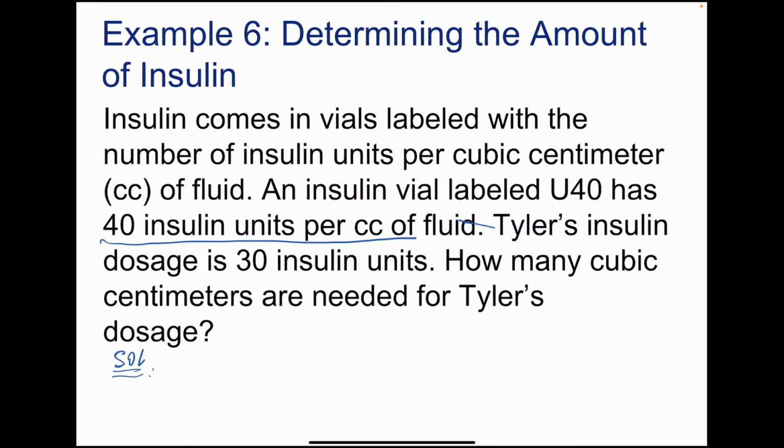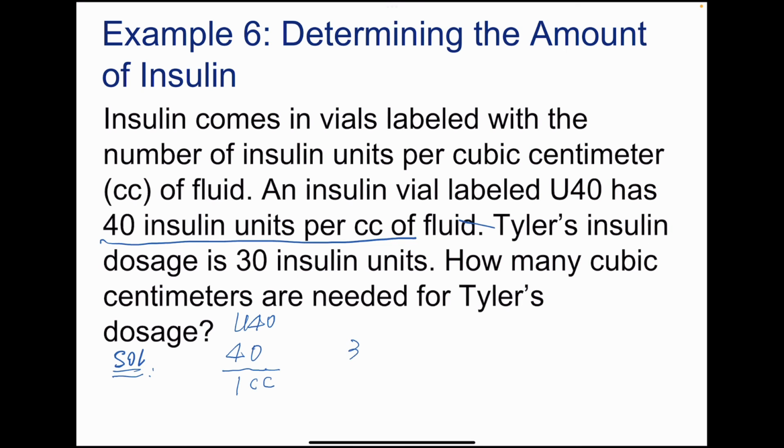Okay, so let's see, the U40 insulin vial means 40 insulin units per cc of fluid, right?